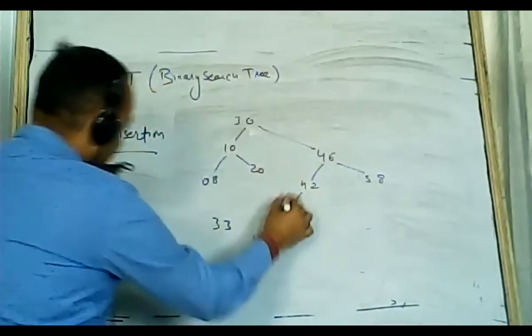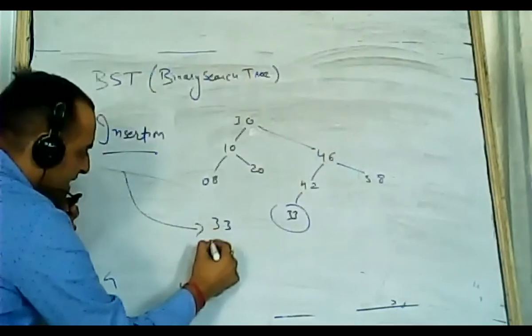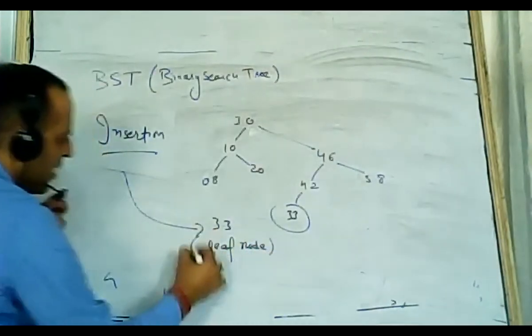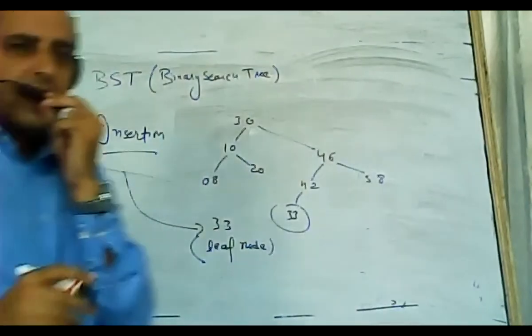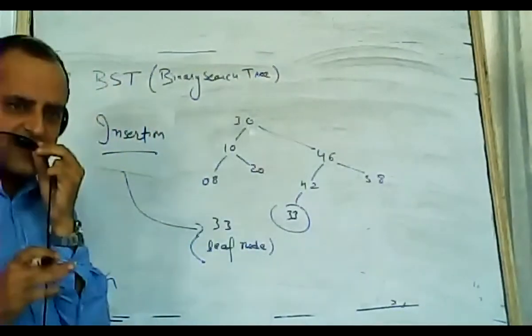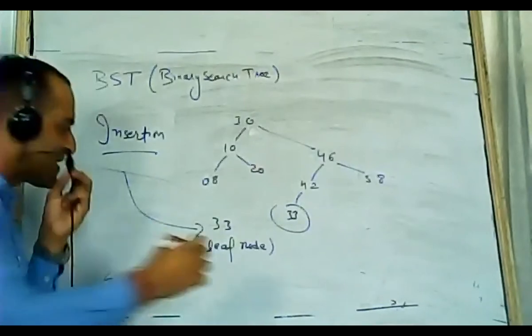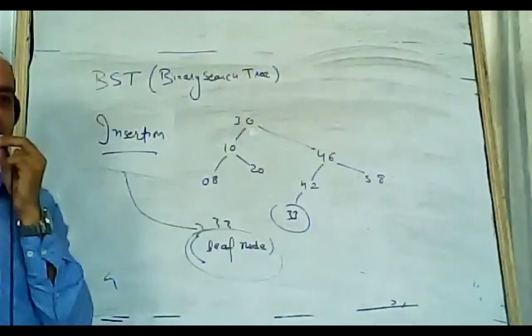Keep in mind, any element you insert in this tree will always be a leaf node. I hope you know the last node of the tree. Any numeric number you insert will always be inserted as a leaf node.